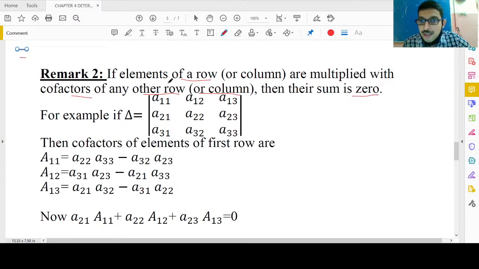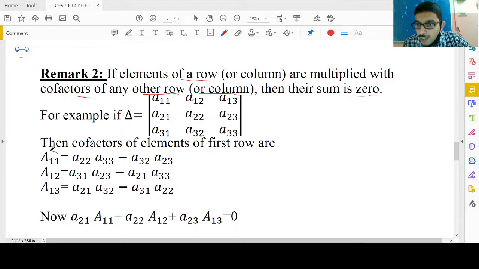So if you take the cofactors of the first row, we already found these for the same determinant: A11 is A22 A33 minus A32 A23, A12 is A31 A23 minus A21 A33, and A13 is A21 A32 minus A31 A22.